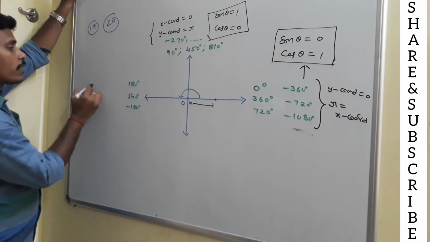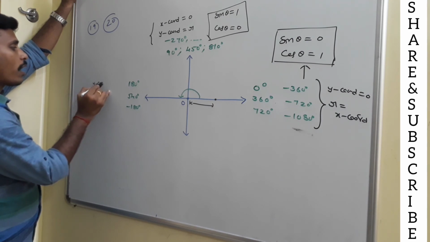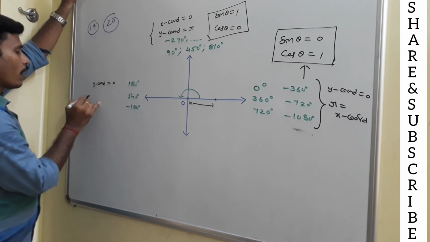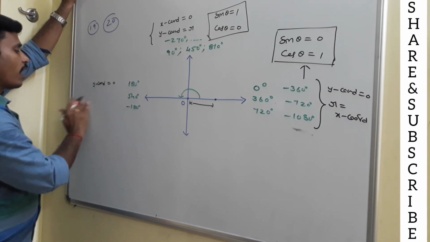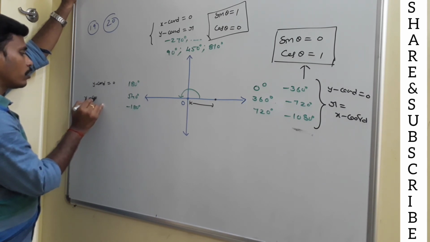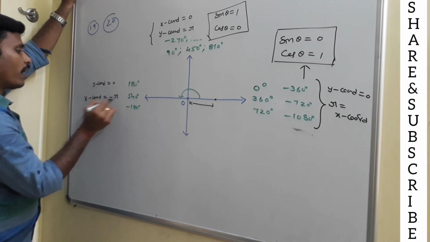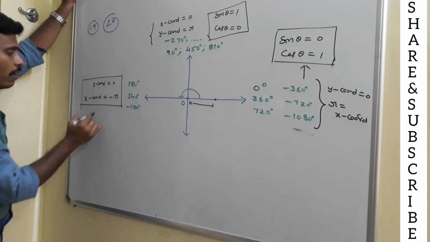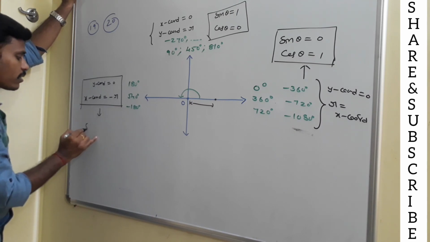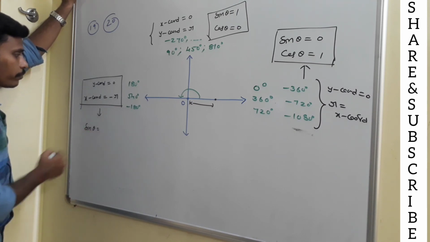For all these angles, the y coordinate value is equal to 0, whereas the x coordinate is equal to minus r. Y coordinate is 0, x coordinate is minus r. From there, if you wish to calculate, sine theta is equal to what?